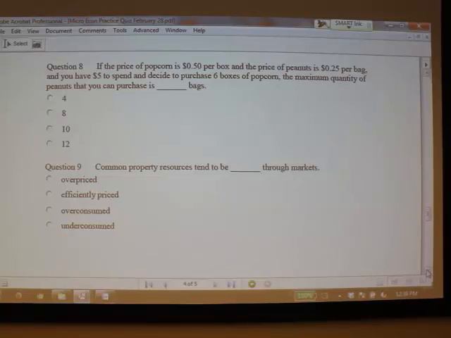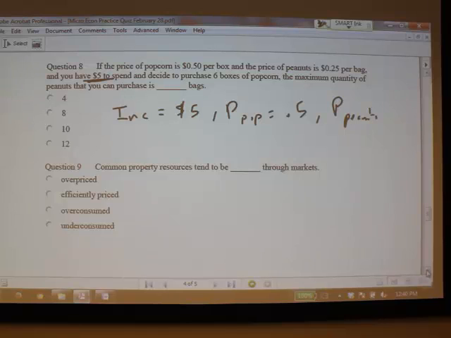Okay, question 8 is also an easy one. You have an income of $5. The price of popcorn is 50 cents, and the price of peanuts is 25 cents.